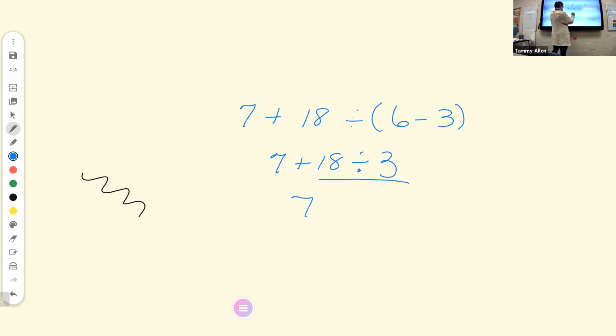So then we would do that division. And then we have our addition left, which gives us 13. Okay? But these are the steps that you should be working on writing and not just arithmetic all over the place. Okay?